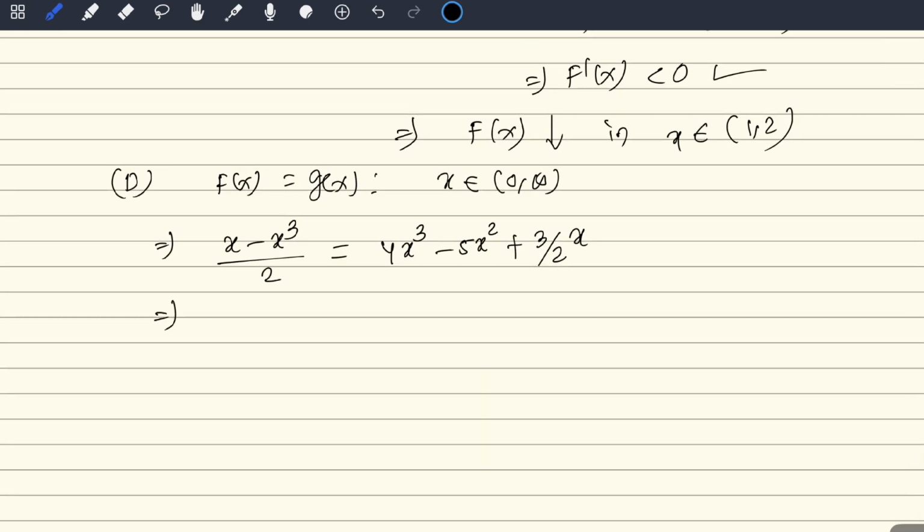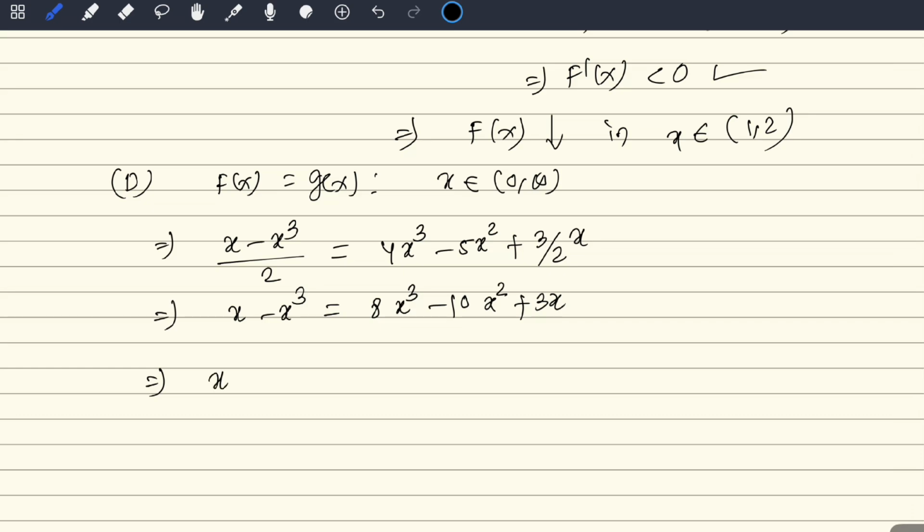By looking at this, we can solve, right? Let me solve this. Multiply by 2. If I multiply by 2, what do I get? x minus x cube is nothing but 8x cube minus 10x square plus 3x. After taking everything into the left hand side, I can take x common, right?